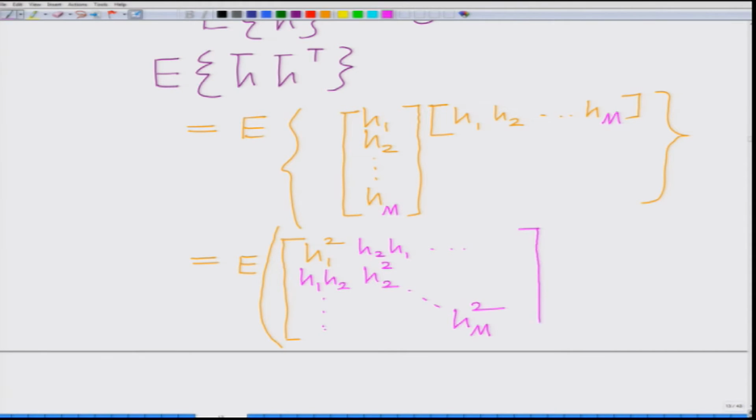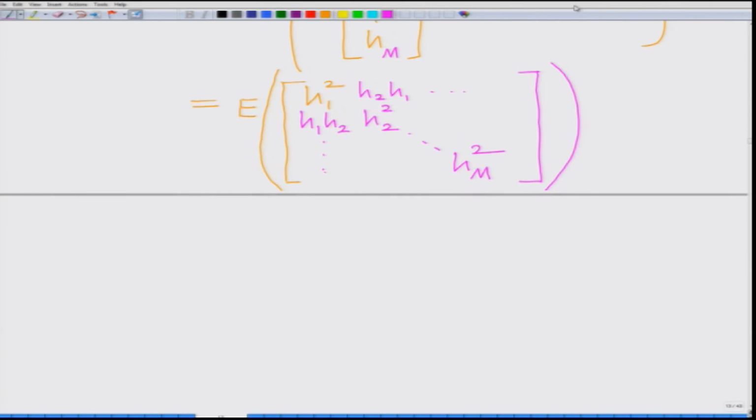The expected values of the off diagonal elements are going to be 0. The expected value of h1 square equals the expected value of h2 square, and so on, so these diagonal elements are all equal to sigma h square, and all the off diagonal elements are 0.